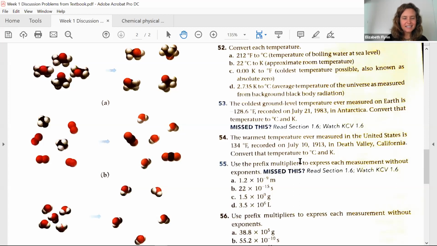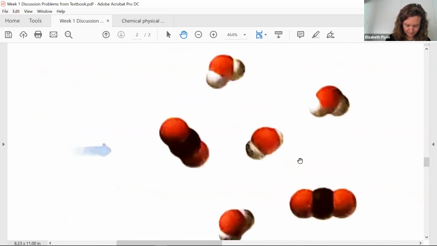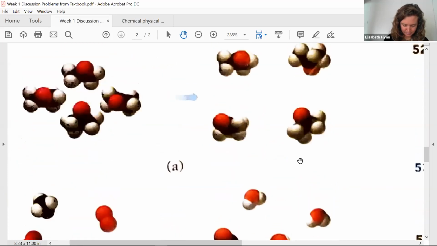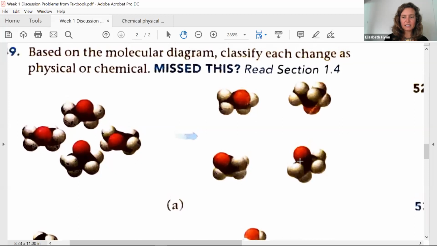Hopefully we can see these here. What do we think? Is A, and I can blow this up too. Okay, let's do that. Is this change here with this molecular art a chemical change or a physical change?